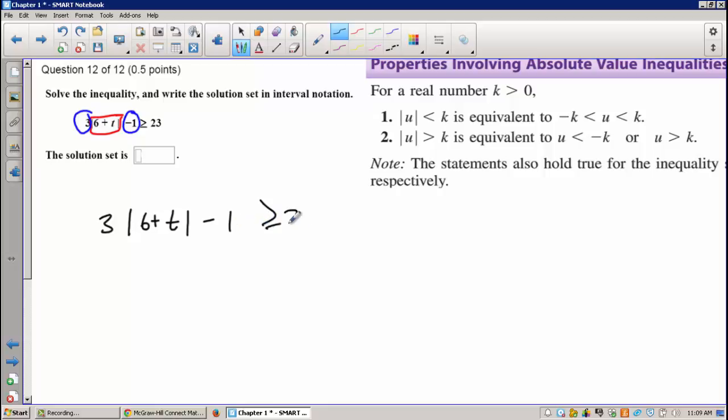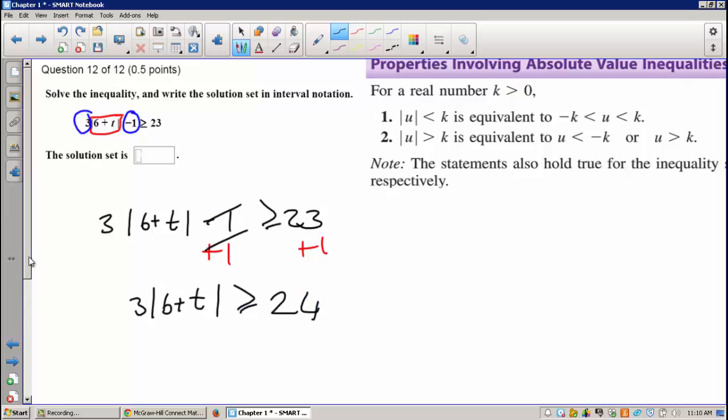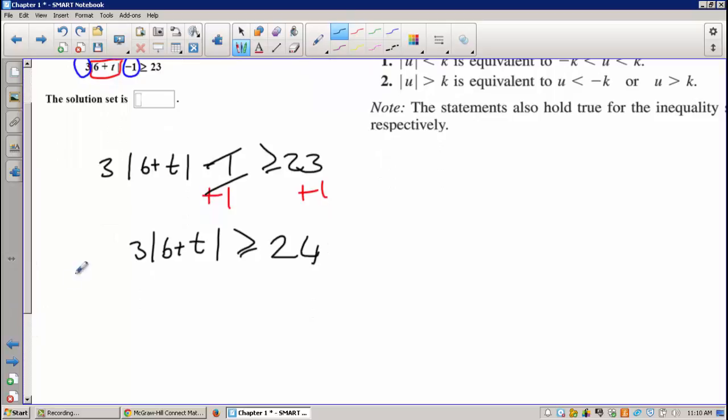I will tackle them. Which one is first? -1. We add 1 to both sides. And the right side is 24 now. Well, we are adding 1.